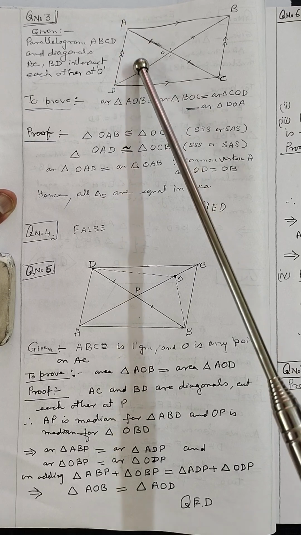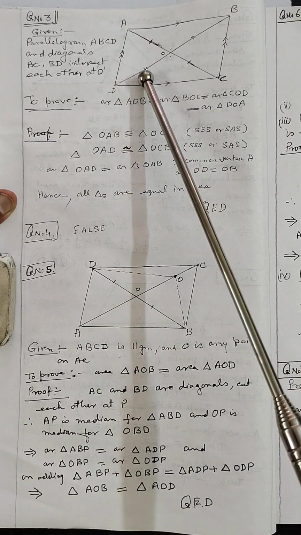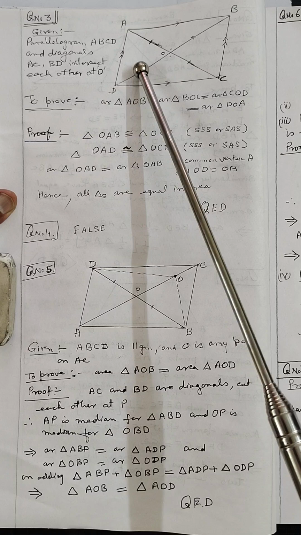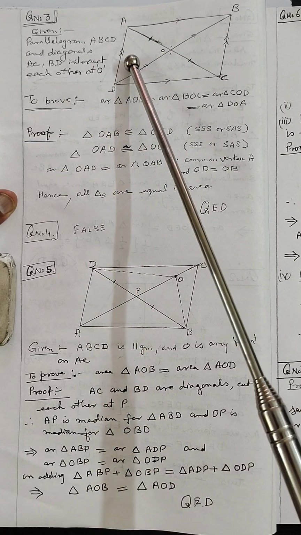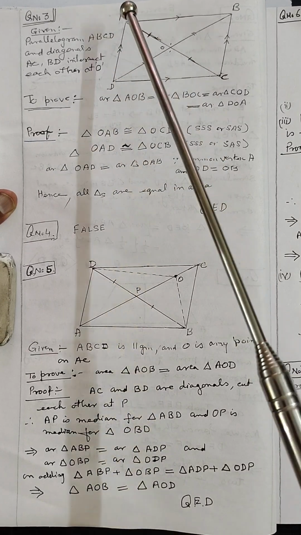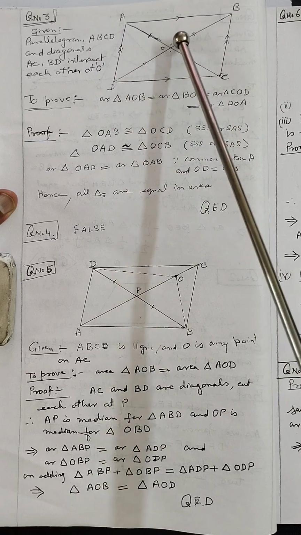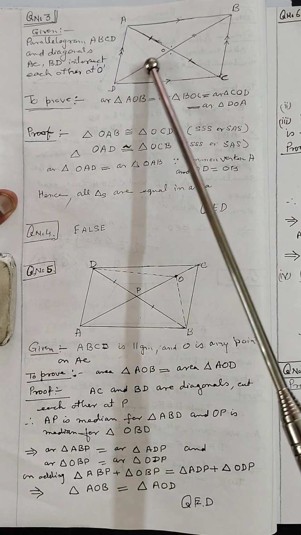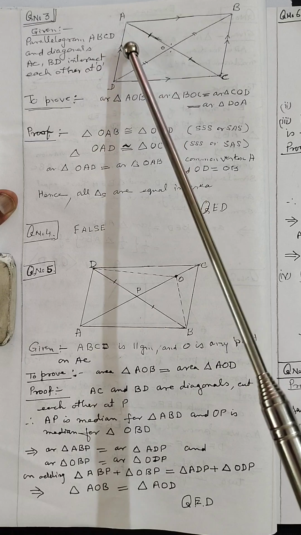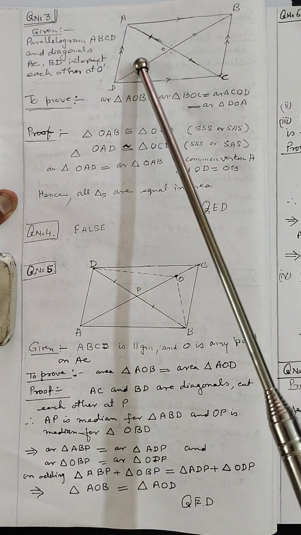If you drop a perpendicular from the common vertex, you will get the equal height. So the areas of these two triangles will be in the proportion of the bases, and bases are equal. That is why the areas of these two will be equal.